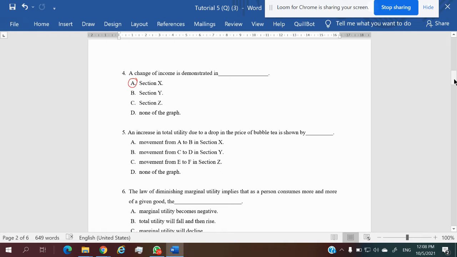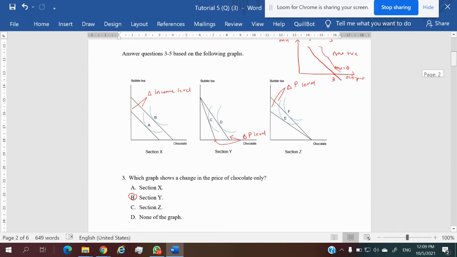An increase in the total utility due to a drop in the price of bubble tea is shown by, okay, so here they want us to look at what happens to total utility if there is a change in the price of bubble tea. In our graph just now, it will be representing section Z. You can see that the optimal point will change from E to F, right?